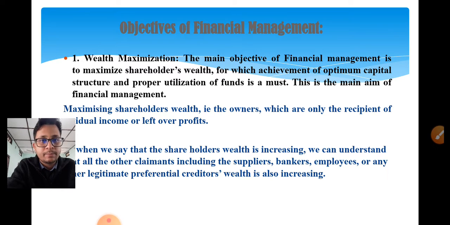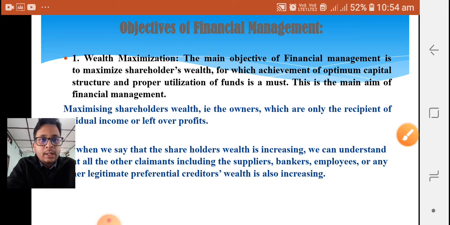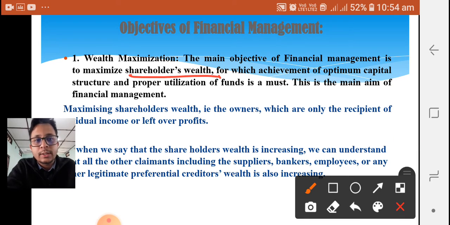financial management. Here you see, the first objective of financial management is wealth maximization. This is very important. Wealth maximization means what? The main objective of financial management is to maximize the shareholders' wealth. Whose wealth?